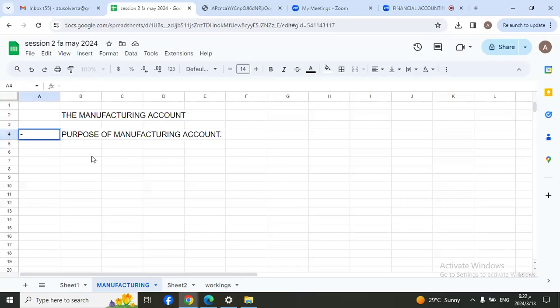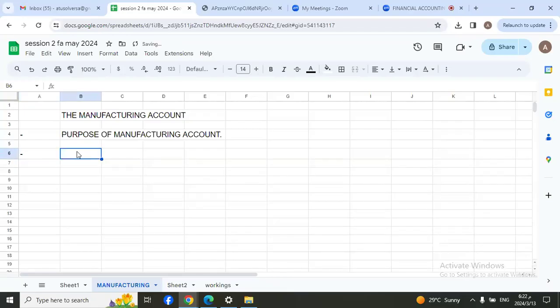Secondly, we are going to look at the elements of a manufacturing account.